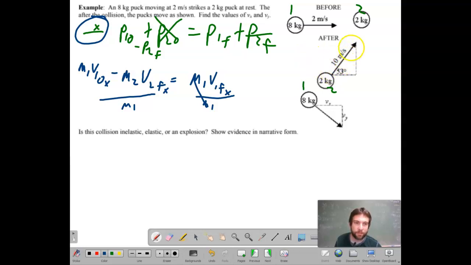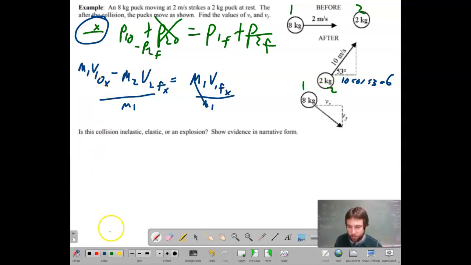we've got to resolve this vector into its components. Alright, so how do we do it? On the x, it's going to be magnitude, which is 10 cosine 53. When I do that, I get 6 meters per second. So it's 2 times 6, which is 12, divided by 2.